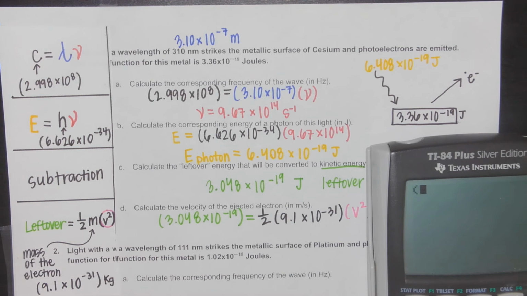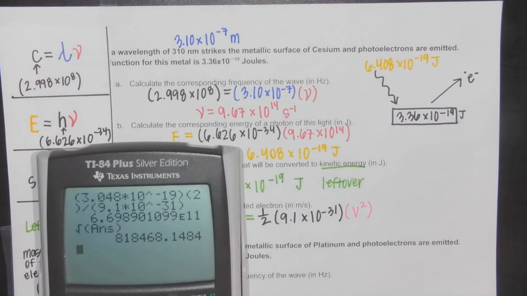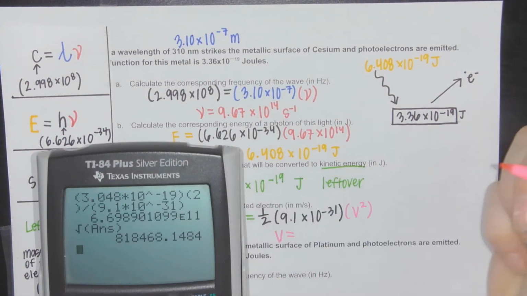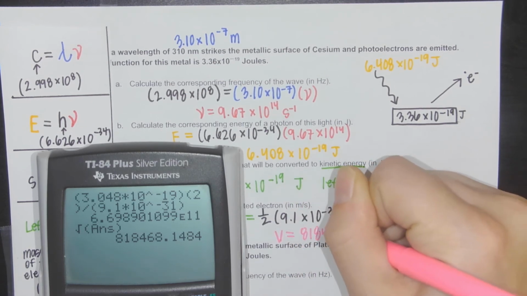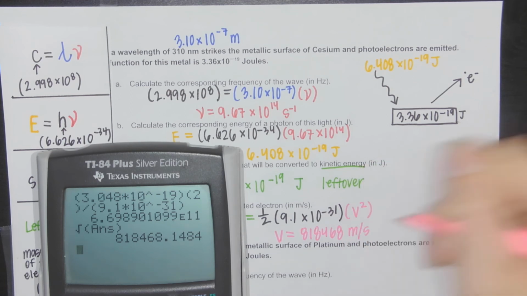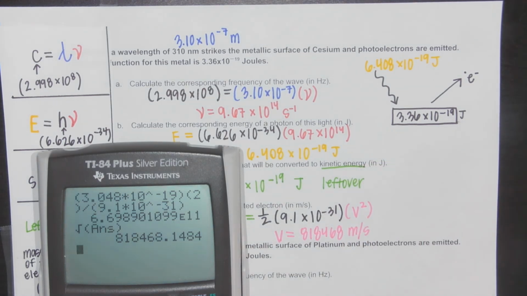Let's see. 3.048 times 10 to the negative 19 times by 2, divide by 9.1 times 10 to the negative 31. Get an answer, square root that answer. And the velocity that the electron is flying off at in this case is 8.18468 meters per second.